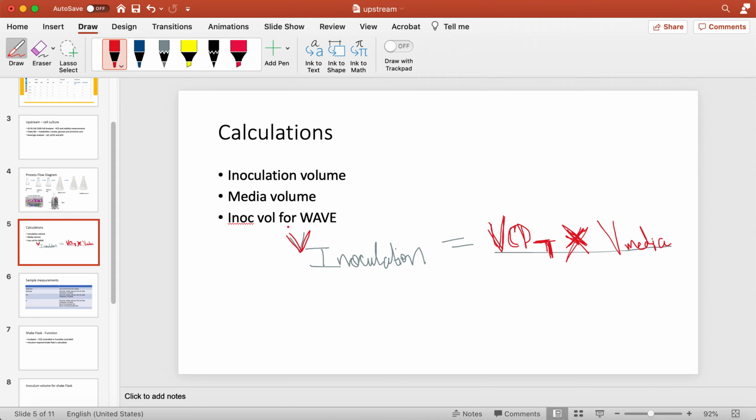V of the calculation for the wave bioreactor. Wave: VCD target times V media.